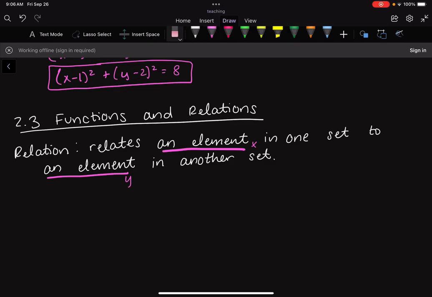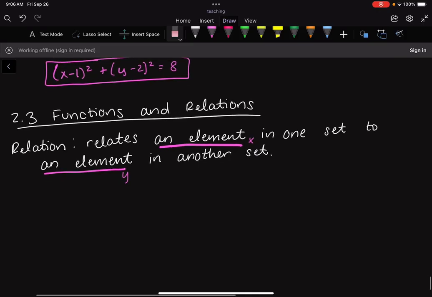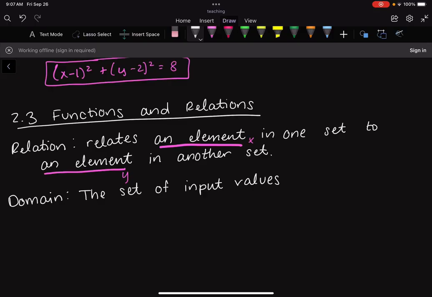With these multiple variables, we have what's called our domain, which is the set of input values for the relation that we're dealing with.